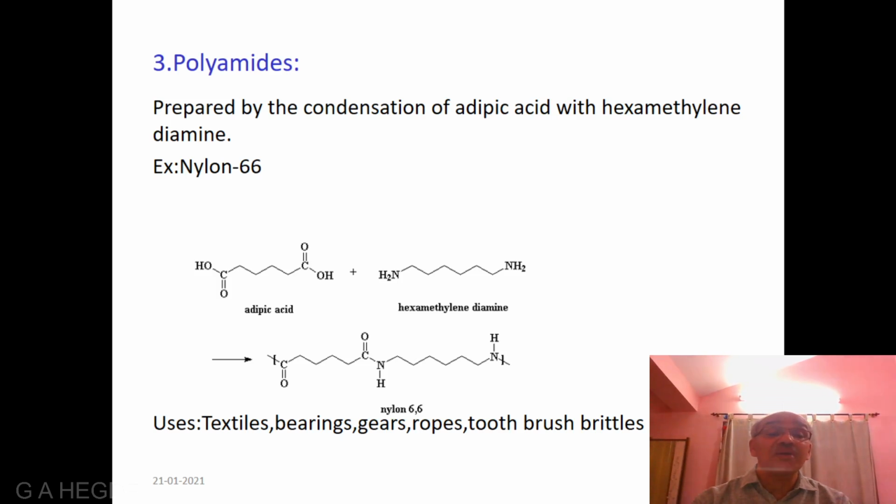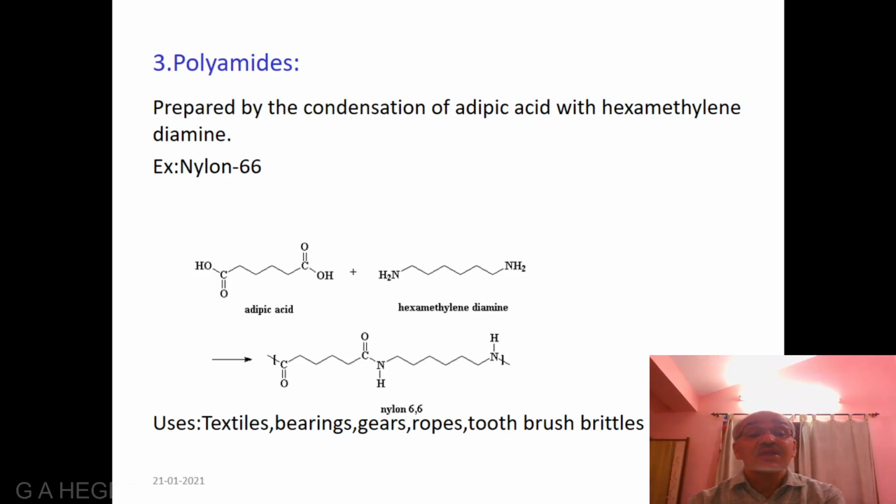Third one, polyamides. Nylon 66 is prepared by the condensation of adipic acid with hexamethylene diamine. When one molecule of adipic acid reacts with one molecule of hexamethylene diamine, it forms one molecule of nylon 66. A large number of these undergo polymerization to form the polymer nylon 66.